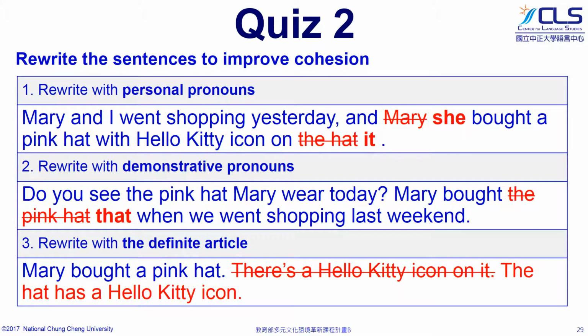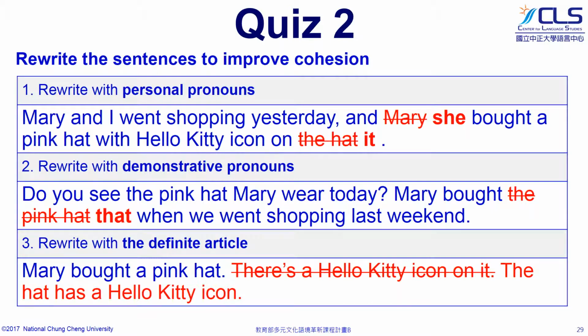As we can see in the sentences, for the first sentence, we can use the personal pronouns she to refer to Mary and use it to refer to a pink hat mentioned before. For the second sentence, we can use that to refer to the pink hat mentioned previously.